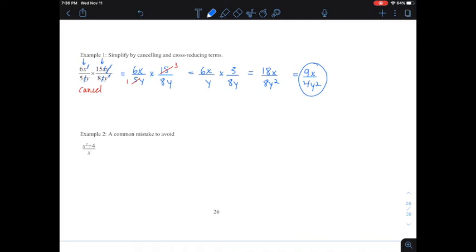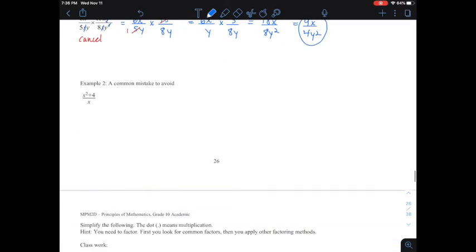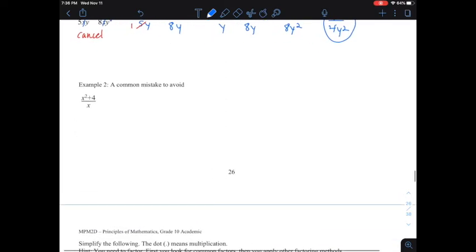We're about to get into some more complicated rational expressions, but before I do that, I wanted to show you a common mistake. A common mistake that happens all the time is when students see a rational expression like this and tell me they can cancel the x in the numerator with the x in the denominator. That is not actually how it works. Let me give you an example.